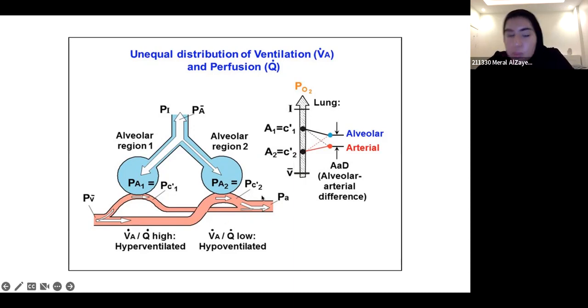Why? Because the second alveolus is more perfused than the first. It's the same concept as, I keep on saying alveolus, I mean arterial. It's the same concept as the alveolus. Is that clear? Okay, is it clear for everyone else? Okay, perfect.